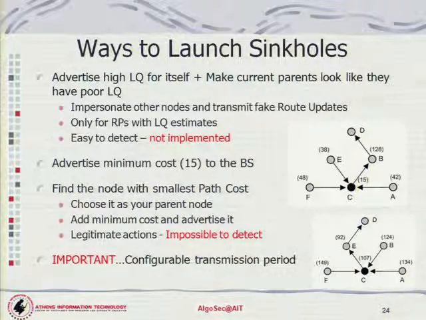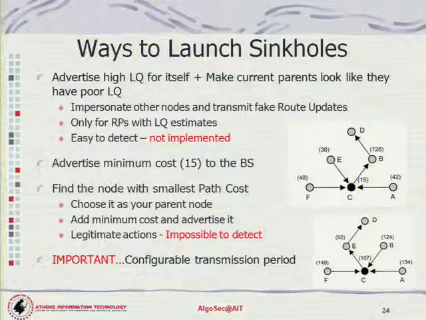But as we said, this may not be enough to trigger the parent changing mechanism in all of the other neighboring nodes. Even if the attacker transmits a message advertising a link quality of 255, if the neighboring nodes have, let's say, a parent with link quality 170, that is not 70% better, so they will not trigger the parent changing mechanism. So the attacker has to make all of the current parents look bad, with poor link quality.